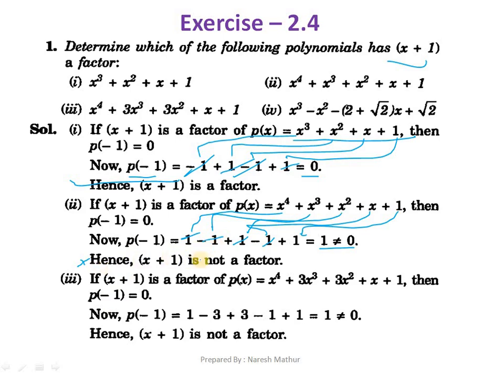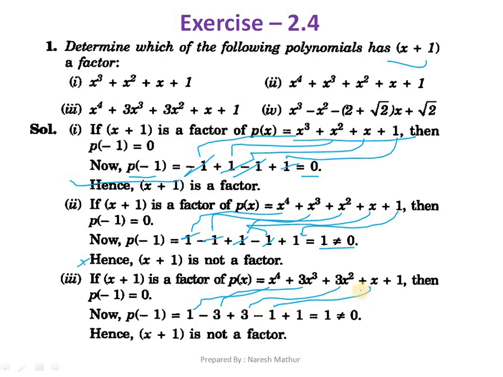Again we need to find the p of minus 1. Minus 1 to the power 4 is positive 1. 3x cube, 3 into minus 1 cube. Minus 1 cube is minus 1 and 3x cube would be minus 3. 3x square, the square of minus 1 would be positive 1 and 1 times 3 is 3.